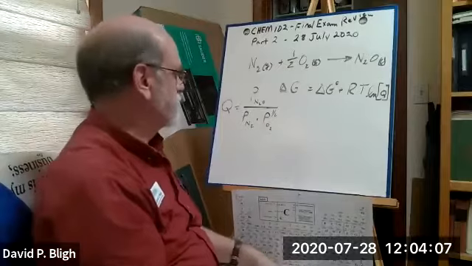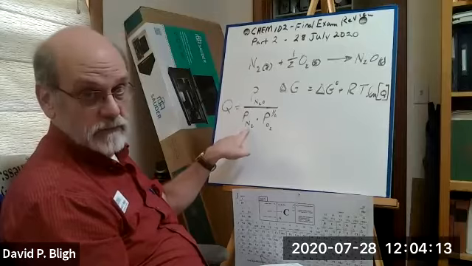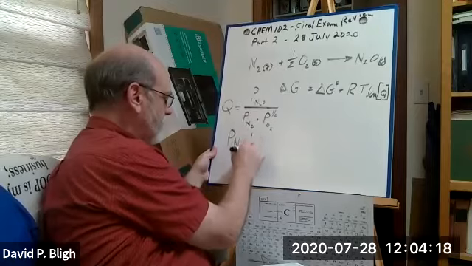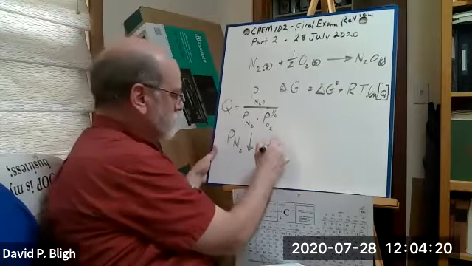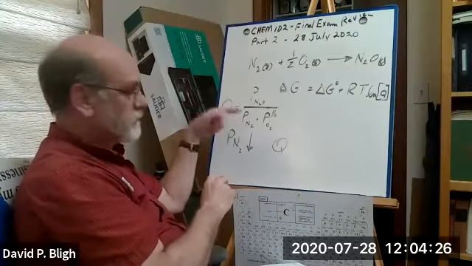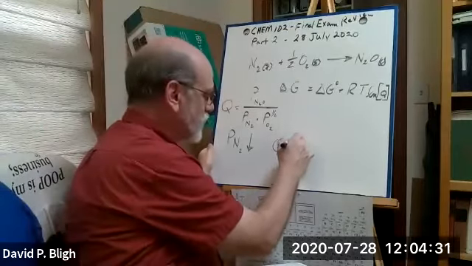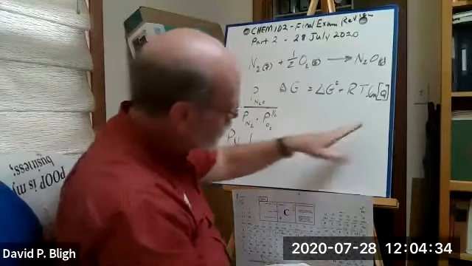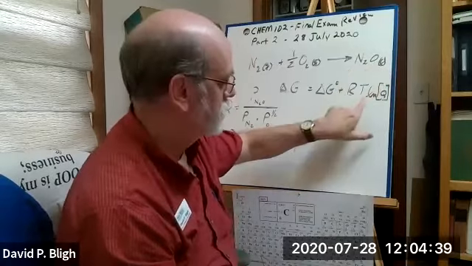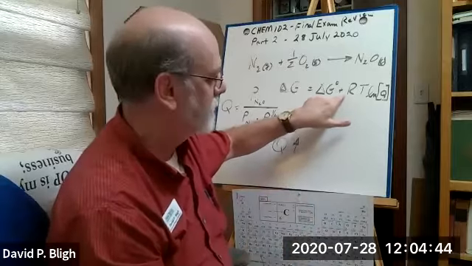If we decrease this one, what happens to Q? If we decrease this one, Q gets bigger, right? You make the denominator smaller, the quotient is bigger. So this one increases Q. Okay, now with an increased Q, we get a larger value for this term, because we're not changing the temperature.